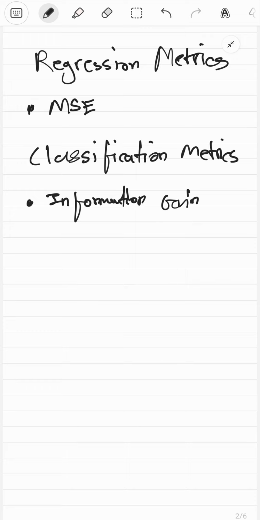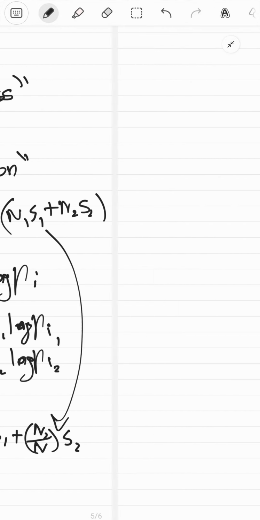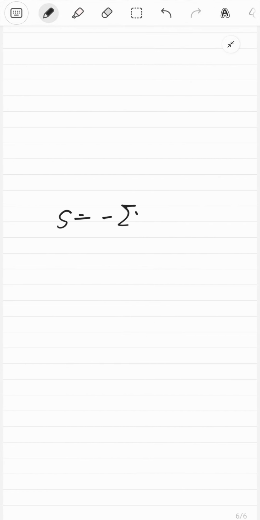Another way of measuring this, without using entropy, is to use the Gini index. Entropy is given by this formula: negative summation of pi times log of pi, a natural log.